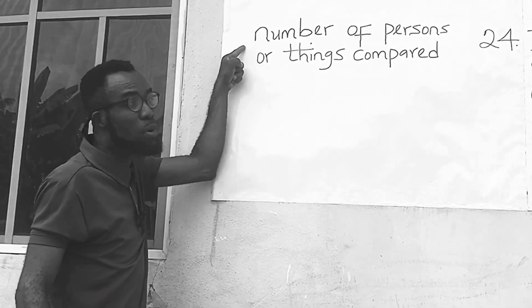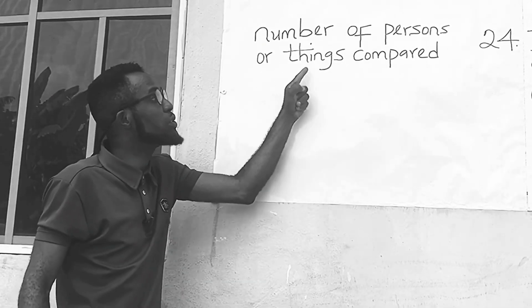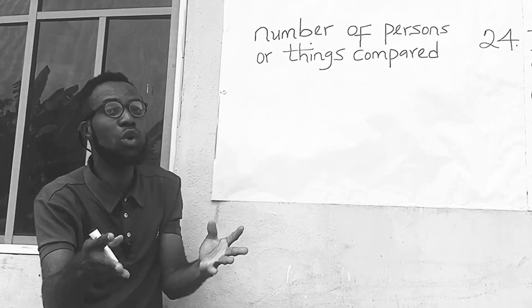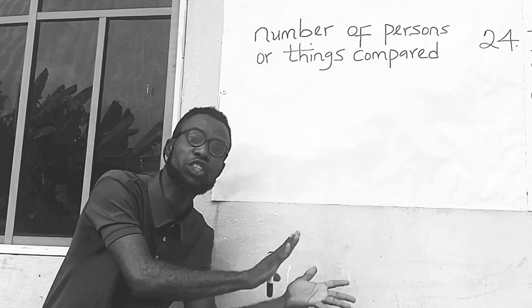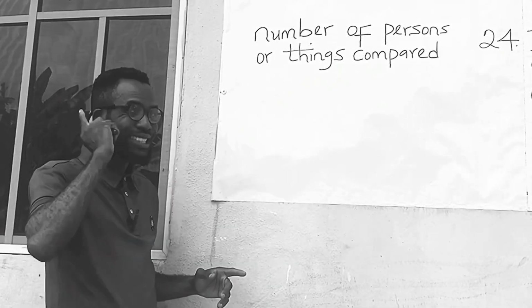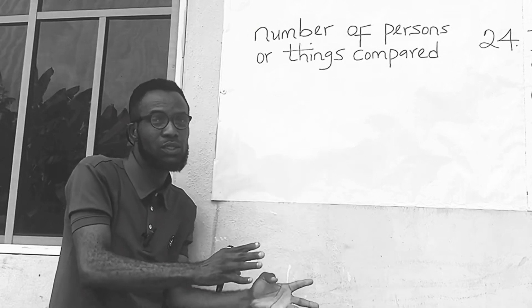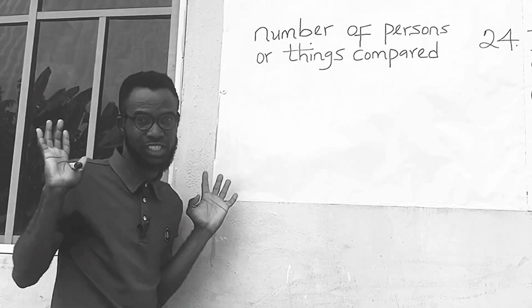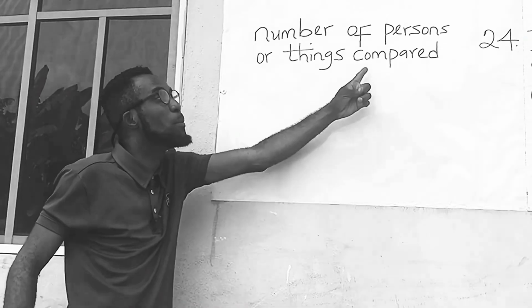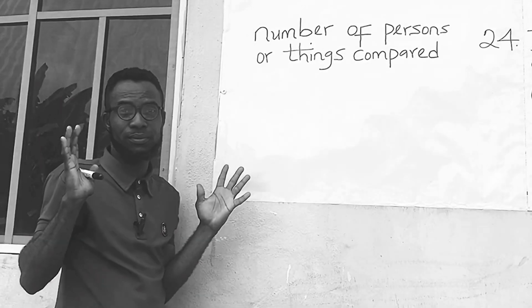It is the number of persons or things compared in the question that determines whether you are to choose a comparative adjective or a superlative adjective. I did not say the number of persons or things written in the question. I said the number of persons or things compared in the question.